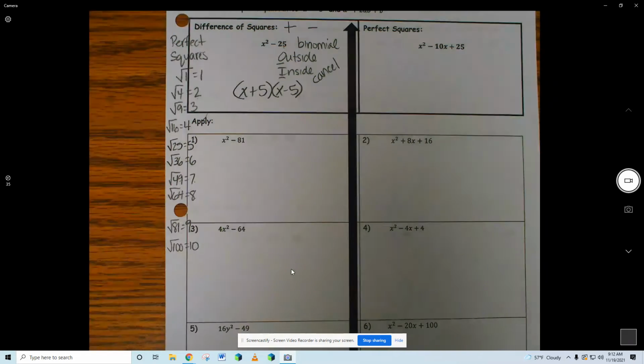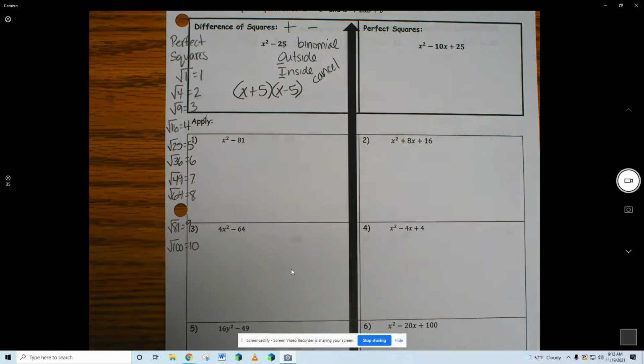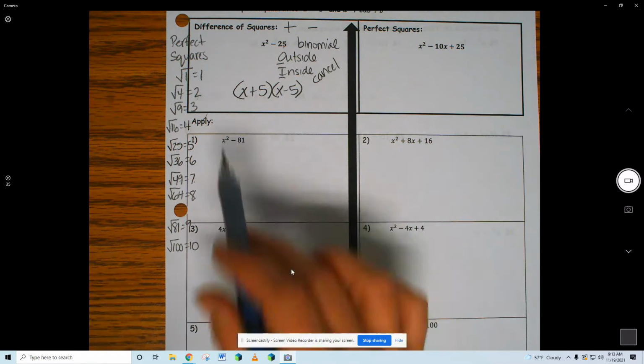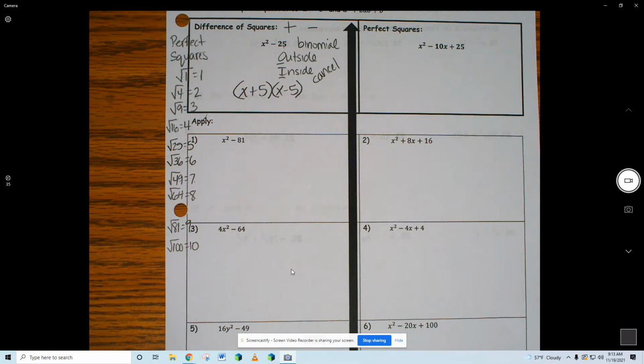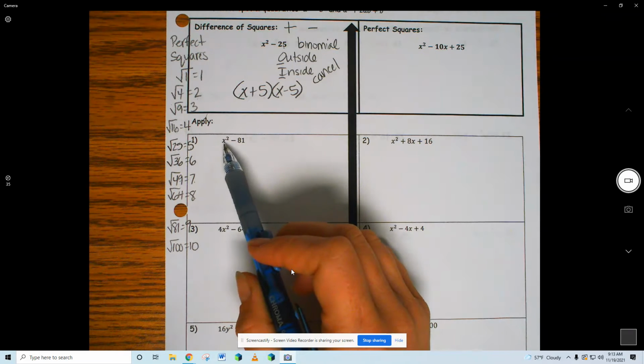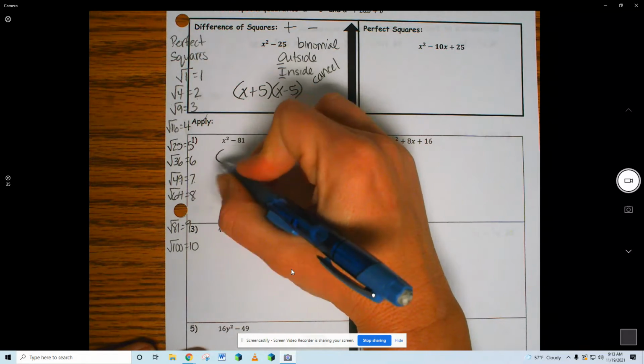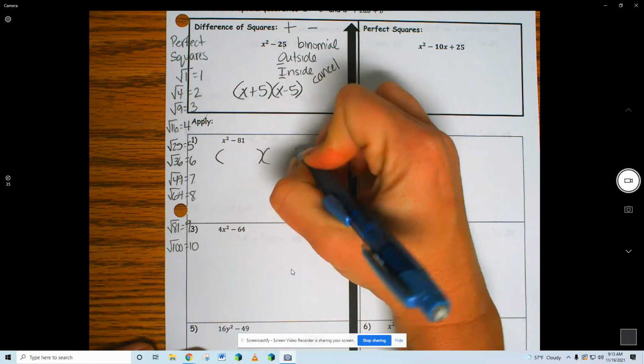I'm going to have 2 parentheses with exactly the same thing inside. But there's going to be a plus sign and there's going to be a minus sign. Every number in our lesson today is going to be a perfect square. What numbers make x squared? X and x. Great.